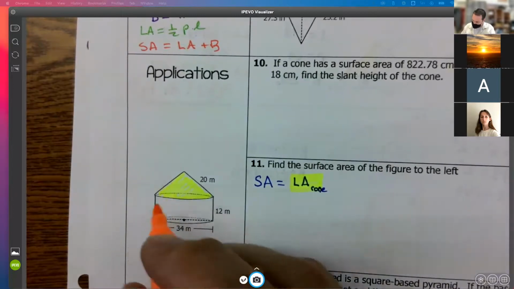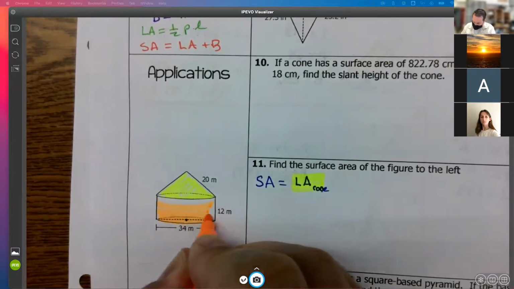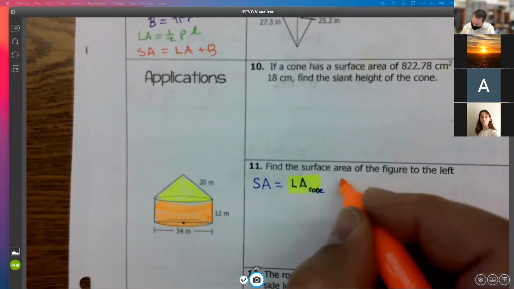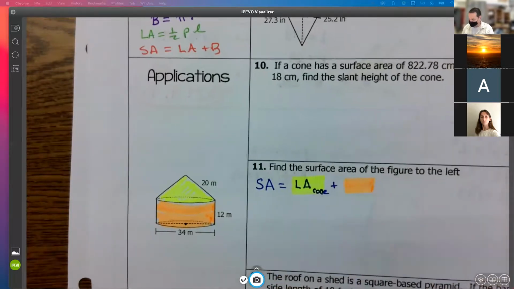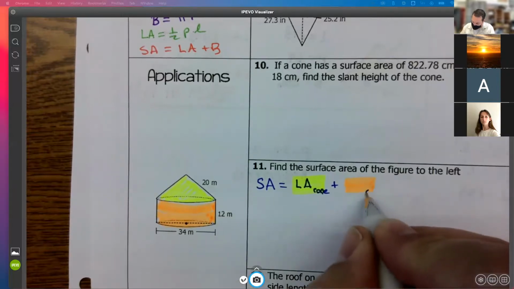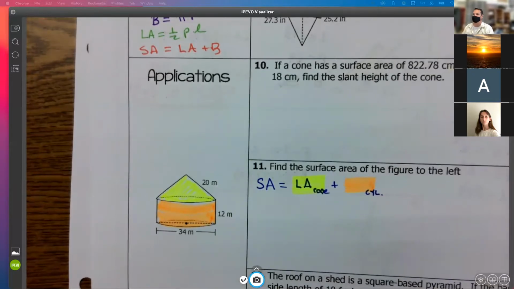We also need to use this part, right? What's that part? What's the shape, first of all? Cylinder, good. So I'm going to put it down there, cylinder. Are we finding the lateral area or the surface area of that cylinder?